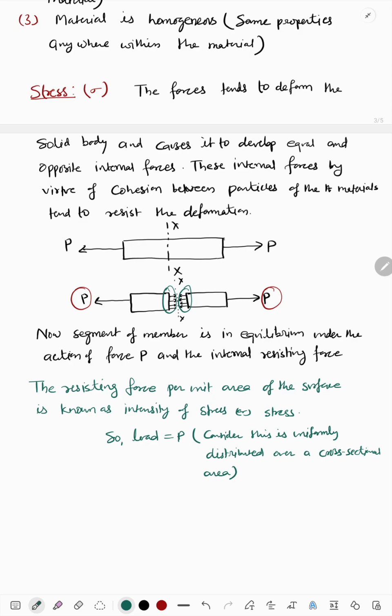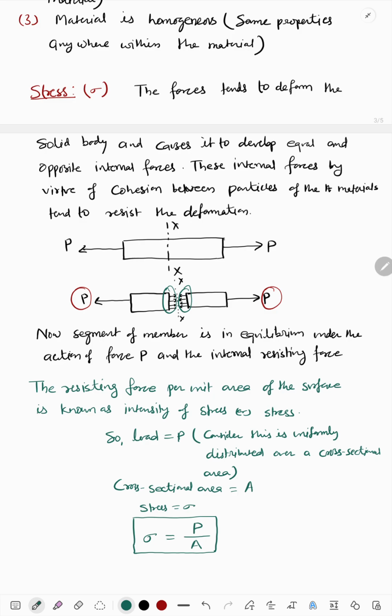The cross sectional area is equal to A. Stress is equal to sigma, so stress is equal to the resisting force per unit area over the cross section.